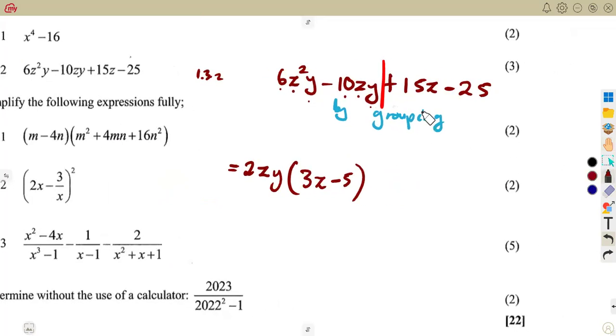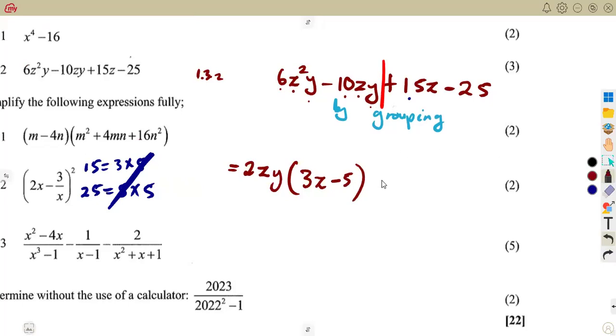So for the last 2 brackets, you must check what is common. And whatever you're going to factor out here must give us the same bracket as this. So what are you going to factor out between 15 and 25? That's 5. Remember, 15, guys, is 3 times what? 3 times 5. 25 is what? 5 times 5. So 5 is the highest common factor.